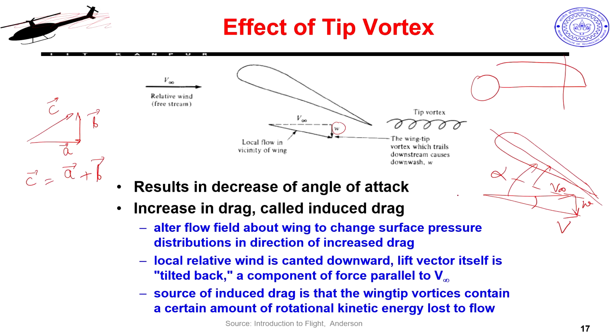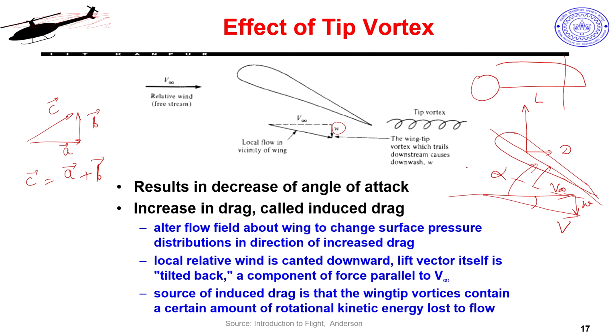Perpendicular, right. Okay. So, if this is my flow, initially my flow was in this direction. So, my lift force would be, originally, like this, and my drag force was in this direction, agree. Now, because of this induced effect, my angle of attack has decreased.